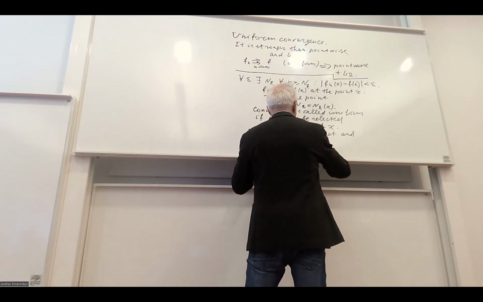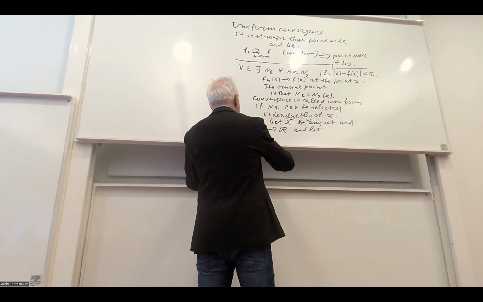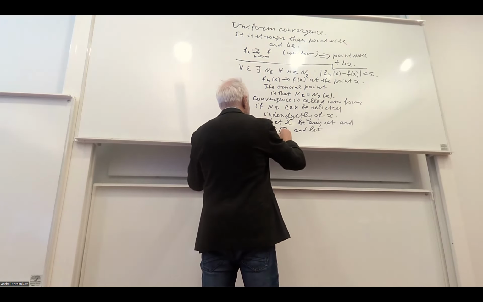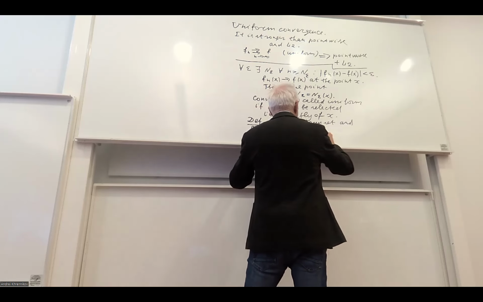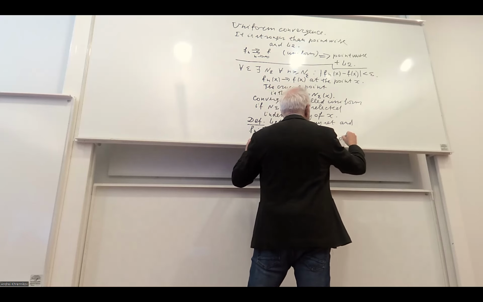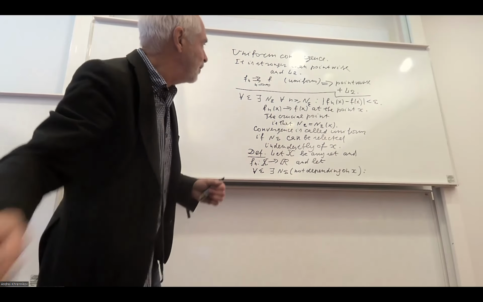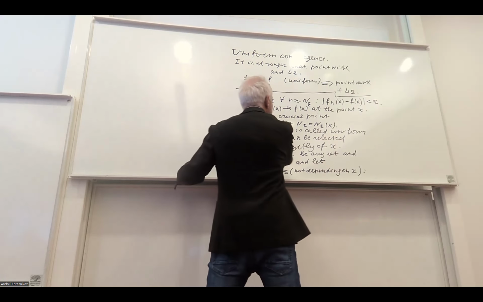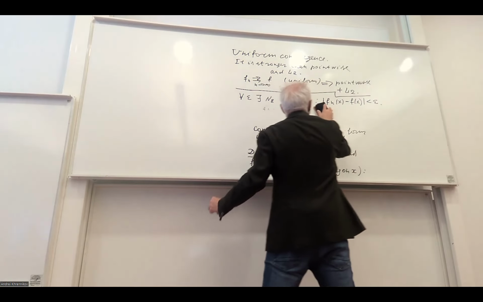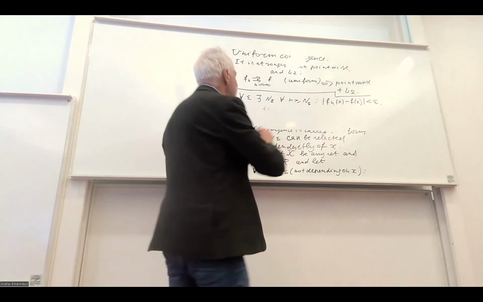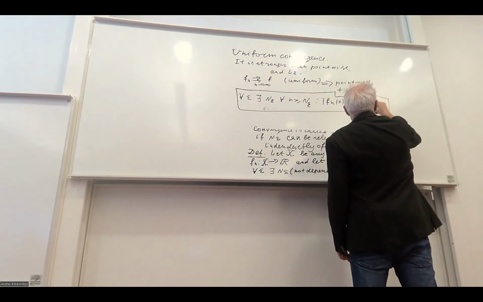And let us have the following: for any epsilon, there exists an N_epsilon not depending on x such that, let us denote this block by, for example, two stars.